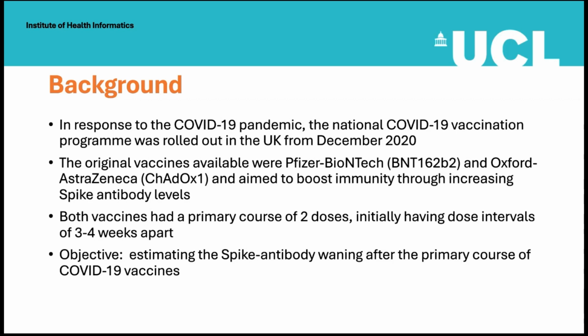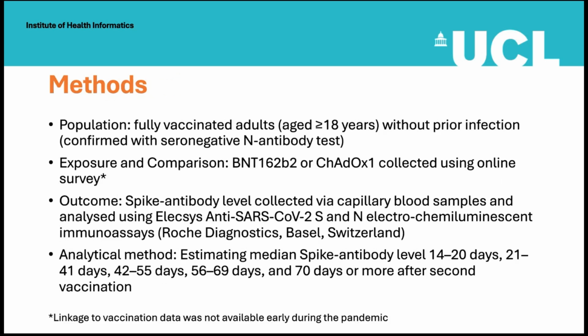And the reason we wanted to do this is because with any vaccine, we'd expect antibody levels to change over time since vaccination. But these changes can have impacts on how effectively the vaccine works over time. And this is particularly true for vaccines for respiratory viruses like COVID. So understanding this as soon as possible during the vaccine rollout was really important to continue to inform our response.